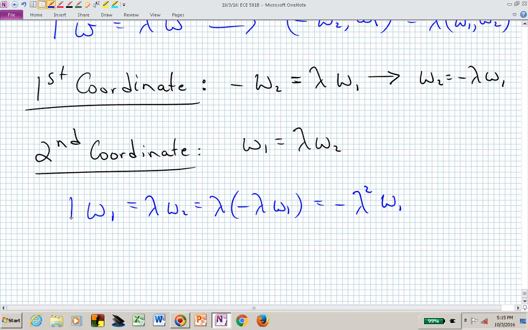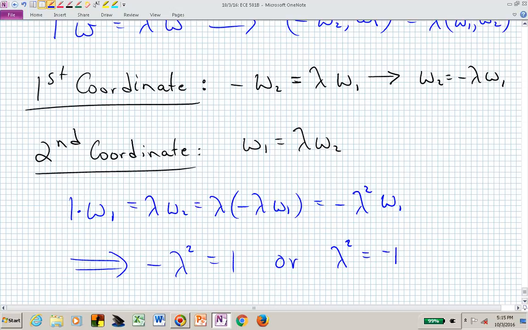Well, on the left we really have 1 times W1 equaling minus lambda squared W1. What does that tell us? That now says that minus lambda squared is equal to 1, or lambda squared is equal to minus 1.